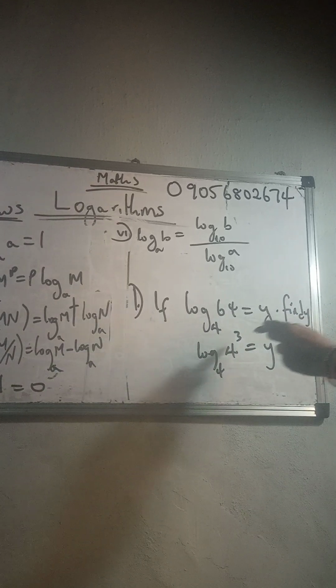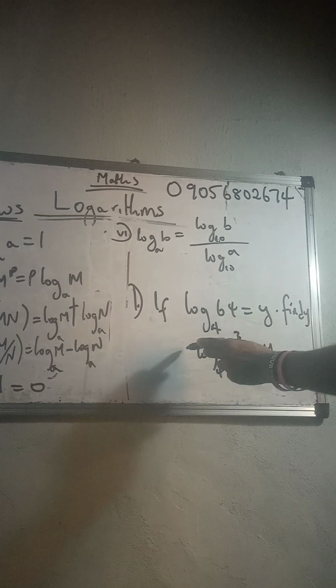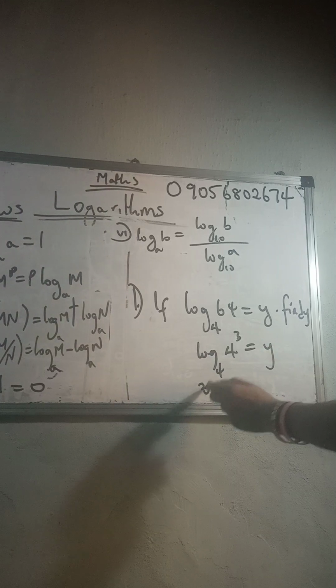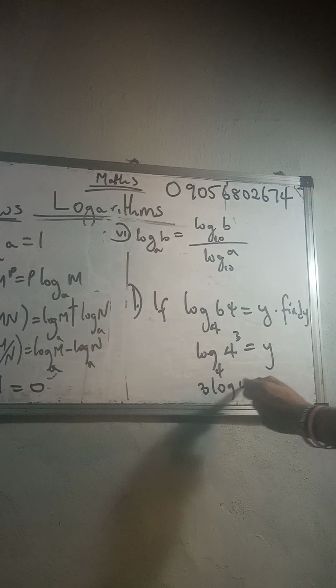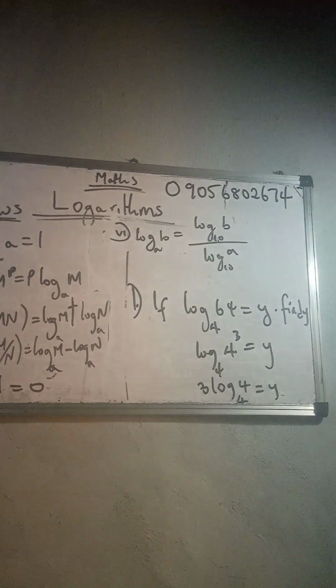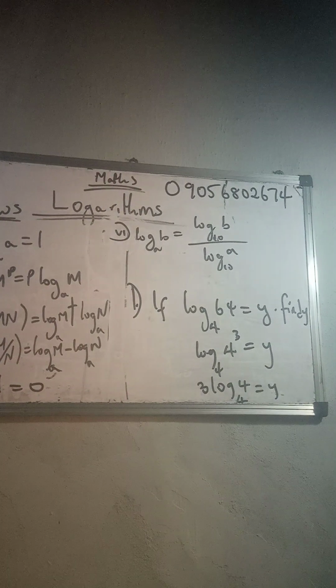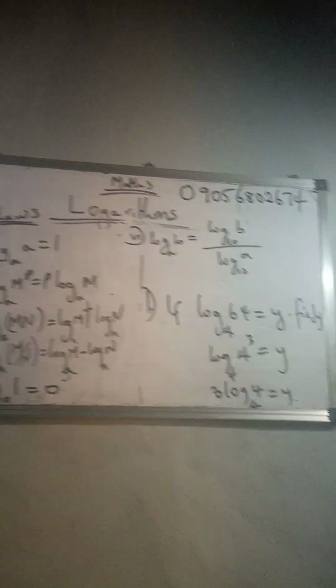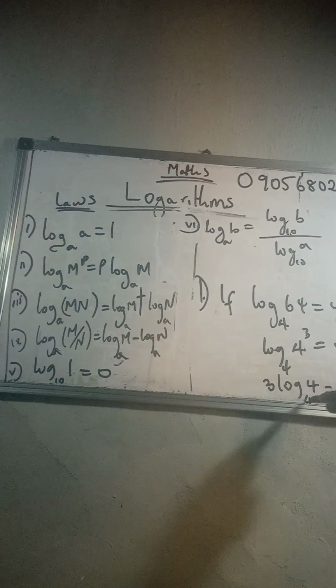Like I said, since this is the index number, it can go to the back of the log. So it becomes 3 log 4 base 4 equals y. And don't forget, from the first rule, the log of a number to the base of that number is 1.